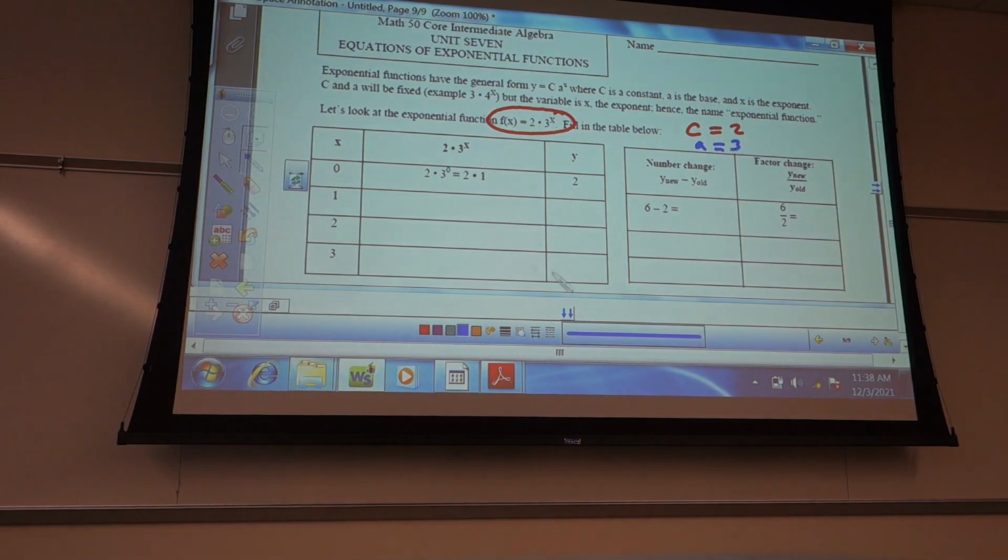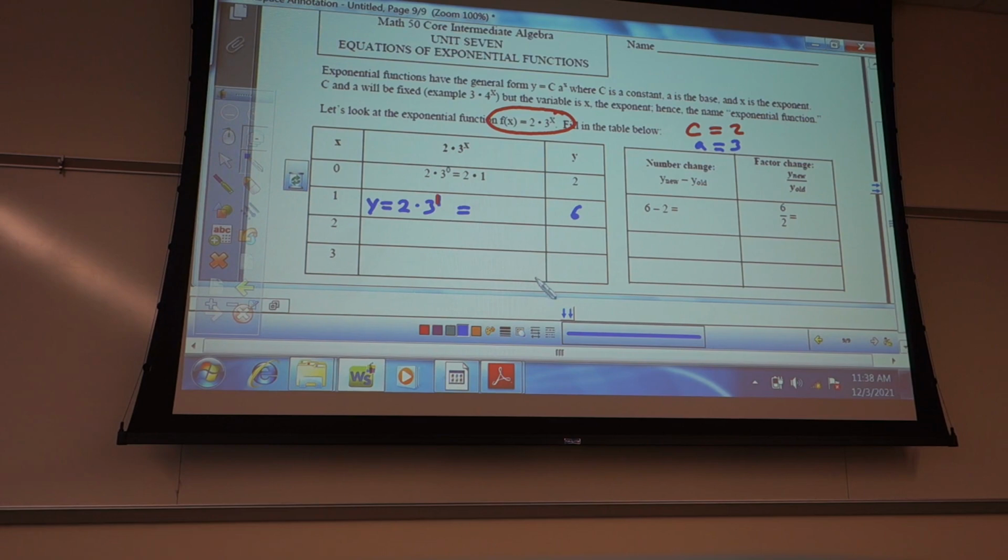Good. All right, so I'm just going to work out a couple of them. If x is 1, then y equals 2 times 3 to the 1. That would be 6. So when x is 1, y is 6.